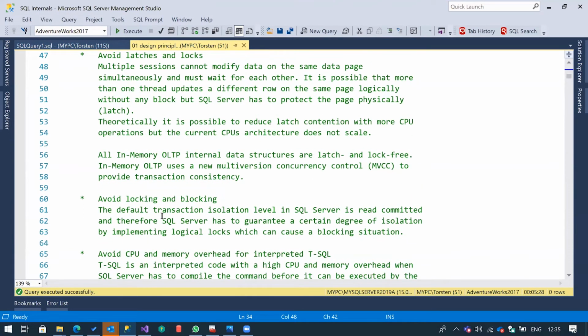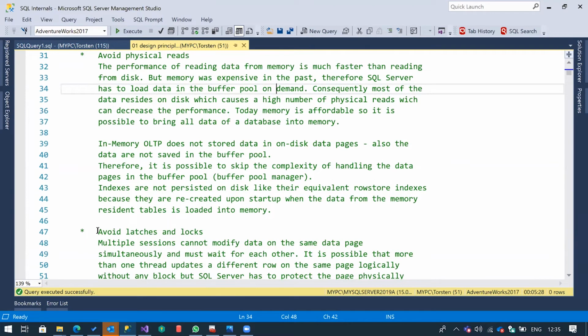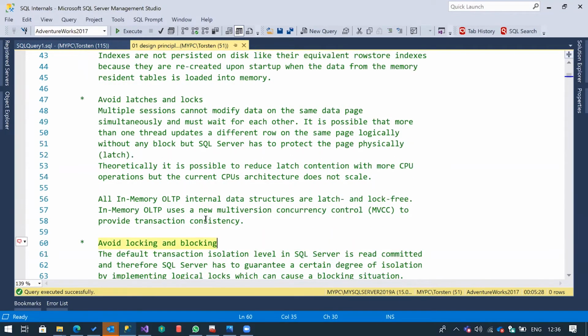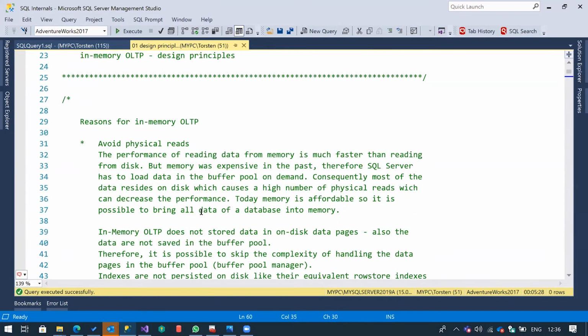From my perspective, and this is something I can tell you already: avoid latches and locks, that is what really matters, and avoid locking and blocking. We will concentrate on these two reasons, which I personally find the most important, but let us go through the entire list to understand the idea of in-memory OLTP and why Microsoft decided to create an entirely new engine, which is a lot of effort.